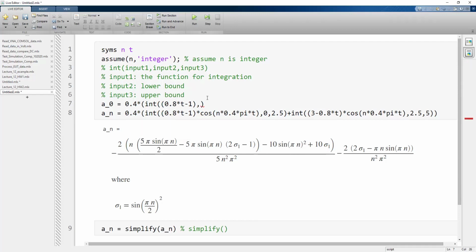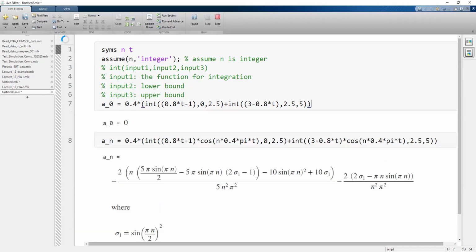So the first one has lower bound 0, upper bound 2.5. That's the first part. And then the second integration is for 3 minus 0.4 times t, with lower bound 2.5 and upper bound 5. That should give you your A naught. So your A naught is 0.